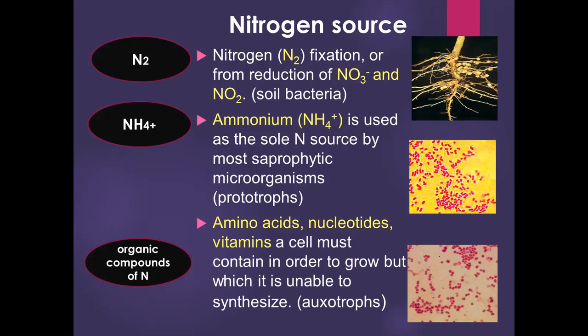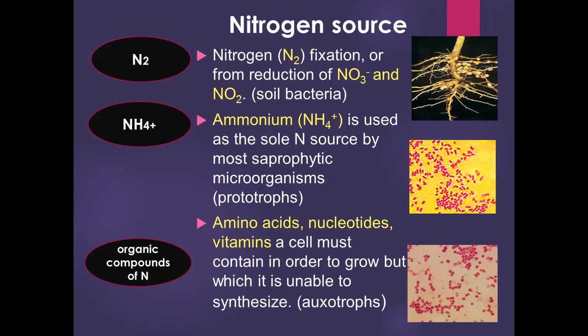It may be glucose or even citric acid, and we add the ammonia salts, the inorganic source of phosphorus, sulfur, calcium, potassium, iron, and other elements. And prototrophic bacteria can use this solution to synthesize all necessary proteins, nucleic acids, lipids, carbohydrates, vitamins, all they need.